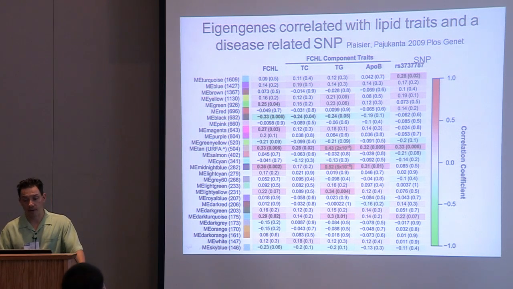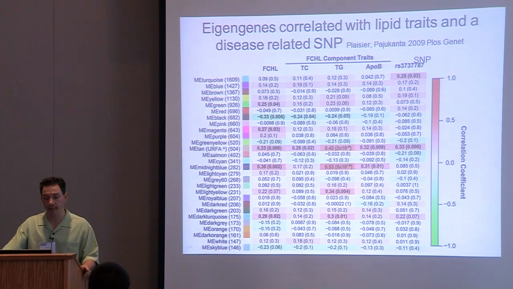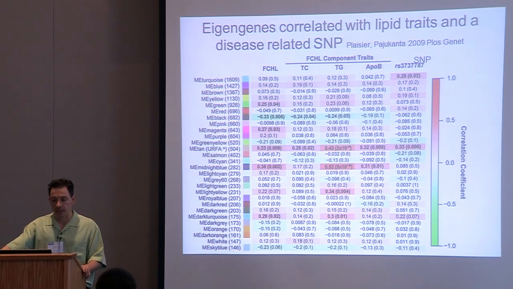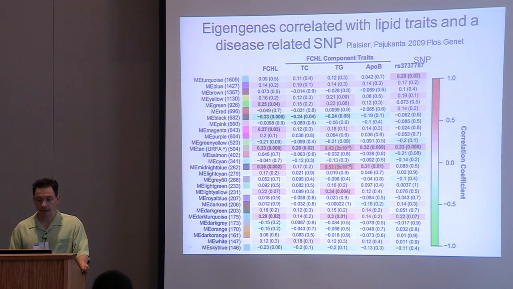So these are the clinical traits and SNPs, but the rows, of course, correspond to the module eigengenes that they found. They found 28 modules, and now they could correlate each of these modules with these lipidemia traits and the SNPs.